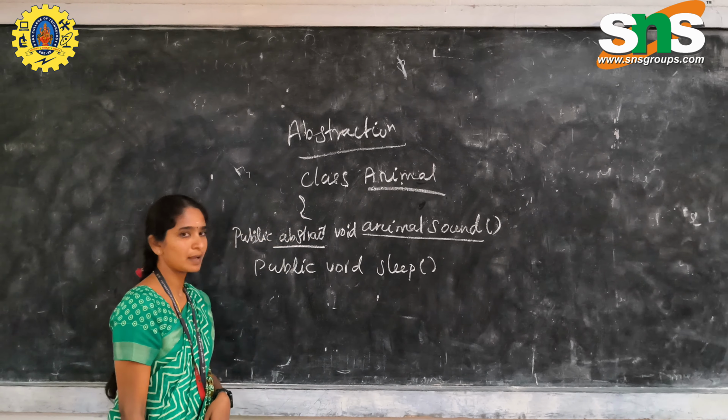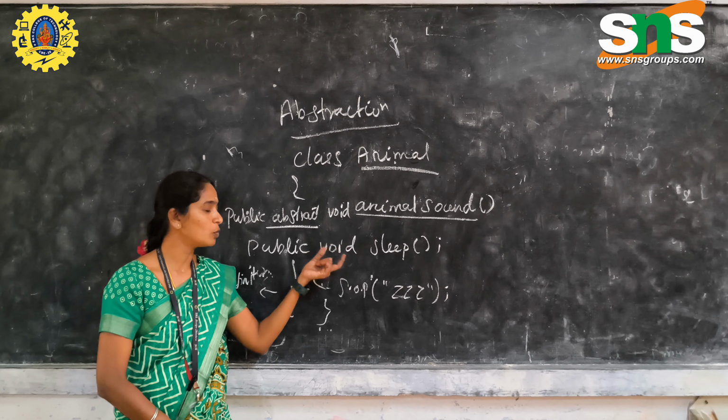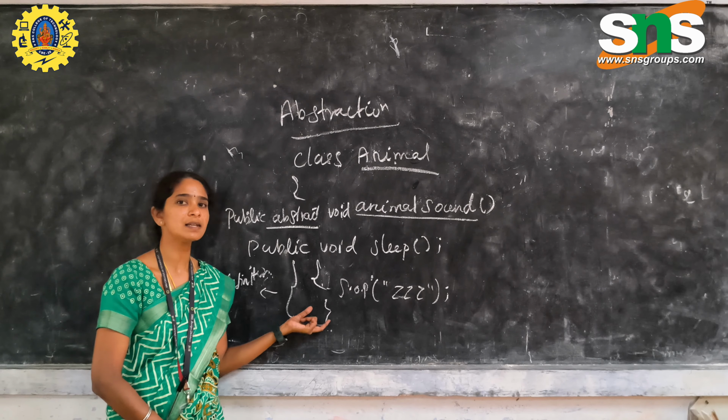The difference is, once I give the abstract keyword in front of the method, you need not define it. This is the definition for the particular method. Once you give the method sleep without any abstract keyword, you must define this method.